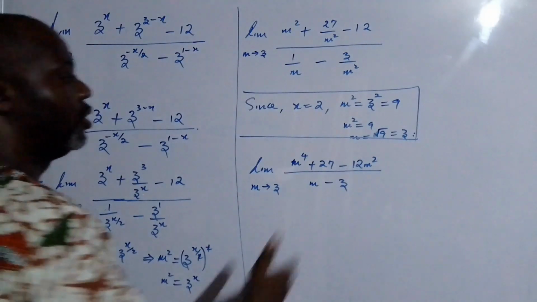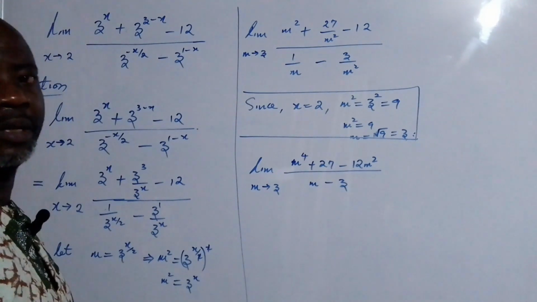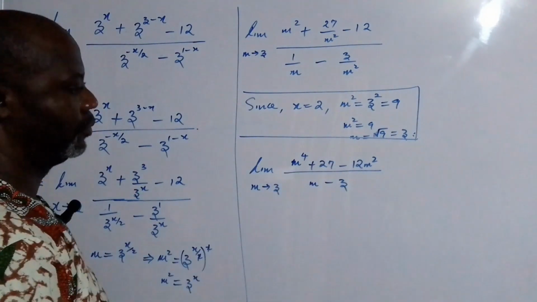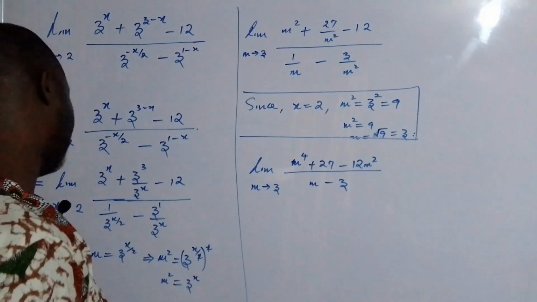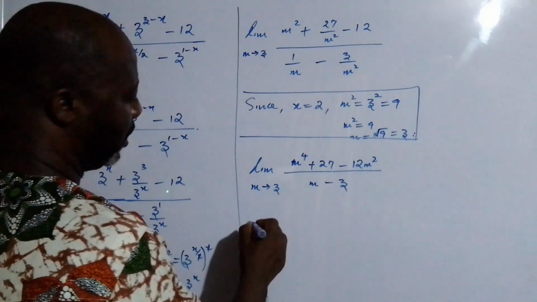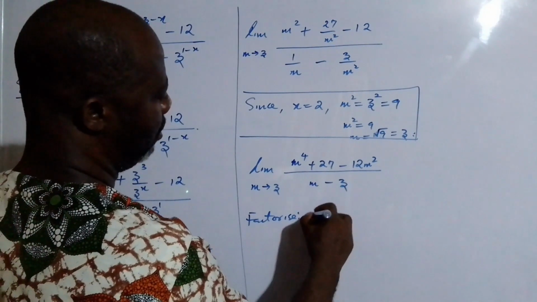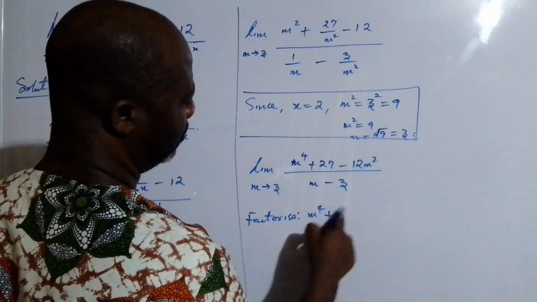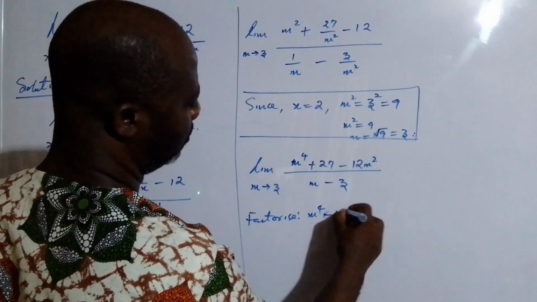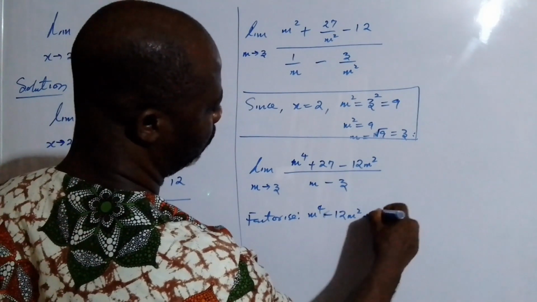So what we need to do is to deal with the numerator. How do we deal with the numerator? Let me factorize the numerator, m to the power of 4 minus 12m squared plus 27.